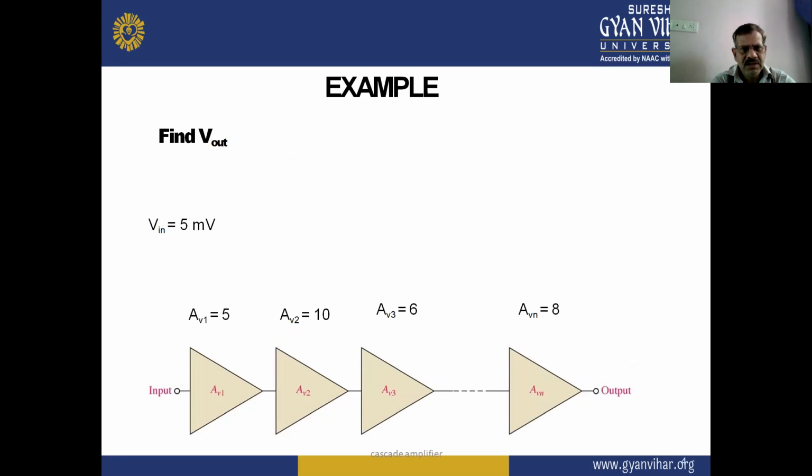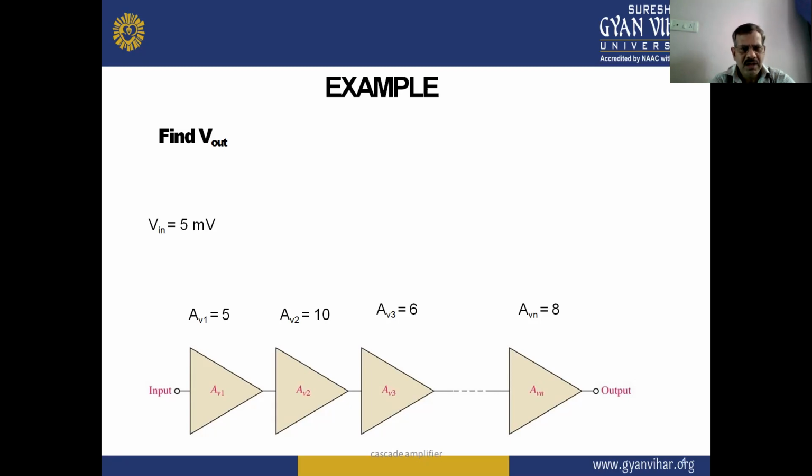So we can easily find out the output voltage with the help of these given data, because we know that the voltage gain equals output voltage upon input voltage. So we have the values of input voltage and different gains, so we can easily find out the output voltage.